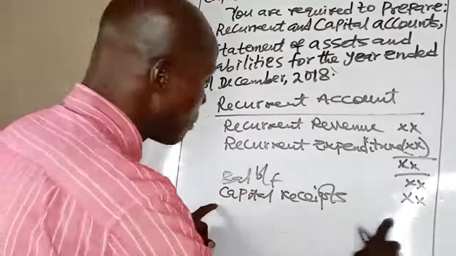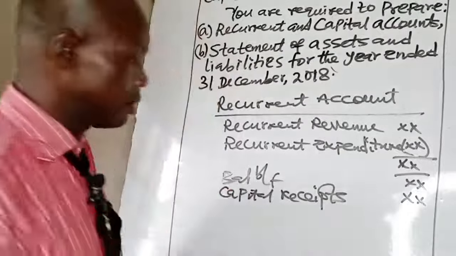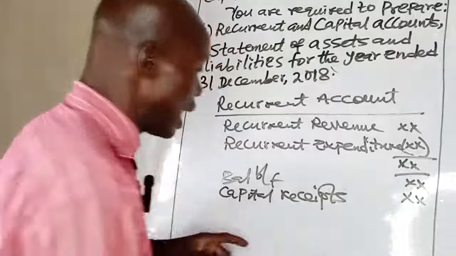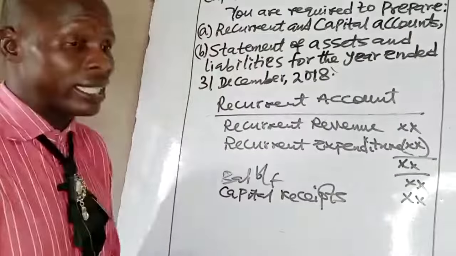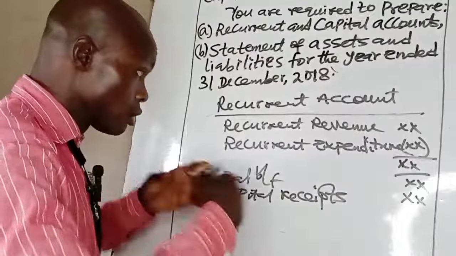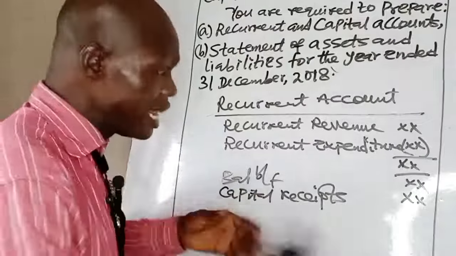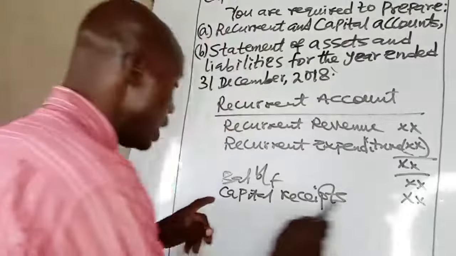We refer to them as capital receipts. So maybe there are sales of government investments, sales of an asset of the government, that is profit from disposal of non-current assets. So their proceeds are of capital nature. All proceeds of capital nature fall within the capital receipts.